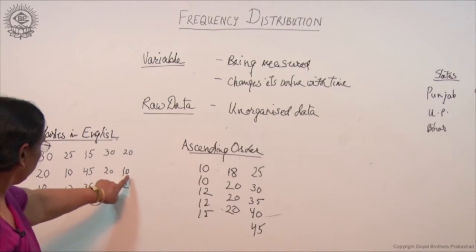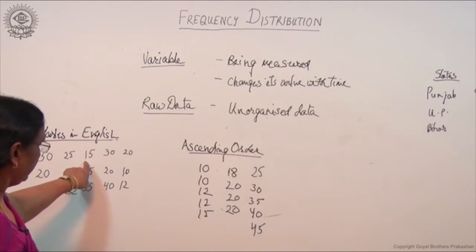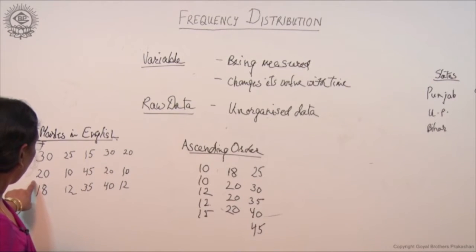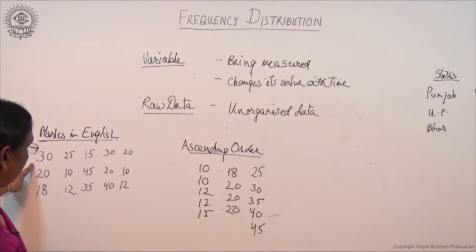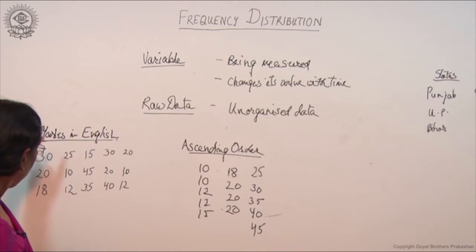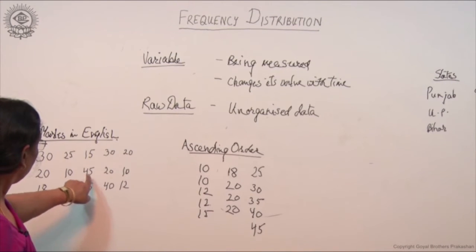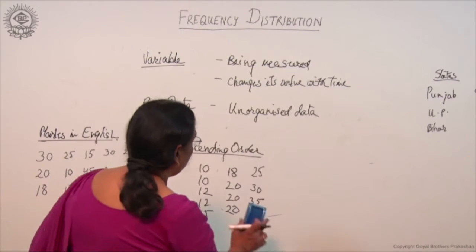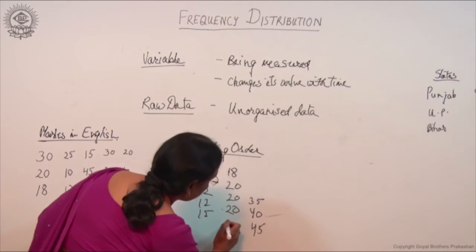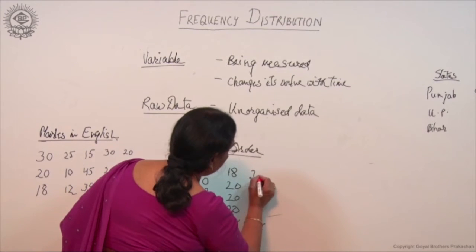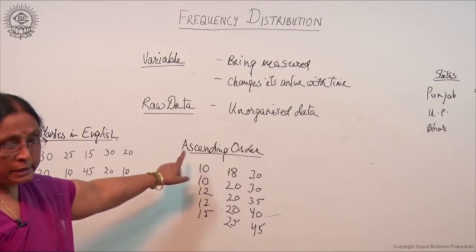That is 10 2 times, then 12 2 times, then 15 1 time, then 18, then 20 3 times, then 25 once, then 30, then 35, 40. 30 is 2 times, sorry. So we have to write down here 30 2 times. This is 25 and 30 and 30. Now this makes total 15. This is ascending order.